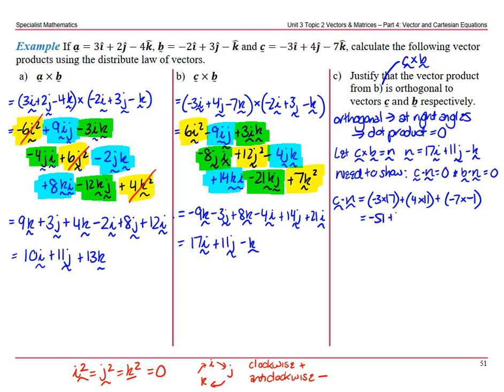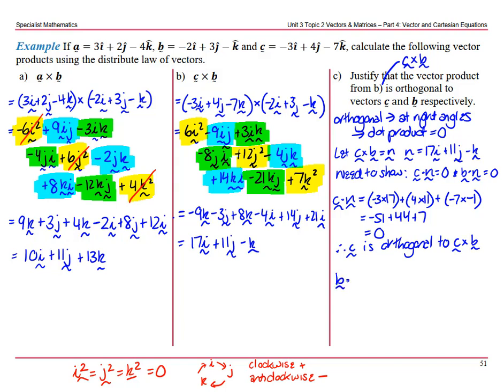Negative 51 plus 44 plus 7, which is 0. Therefore, C is orthogonal to C cross B.